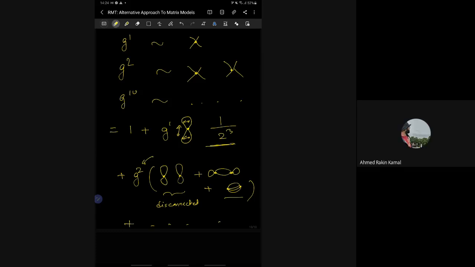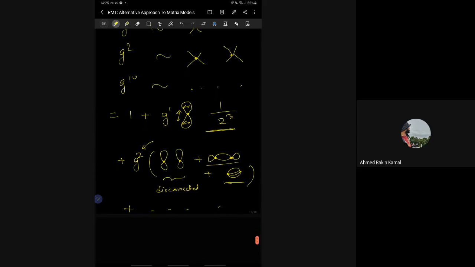G is just a constant which helps me count the number of vertices. For example, the coefficient of G squared will tell me how many different types of diagrams I have, let's say self-connected ones, or these ones.